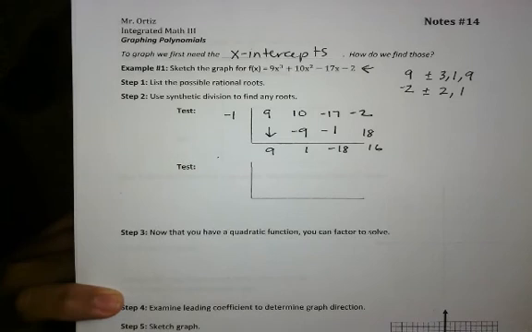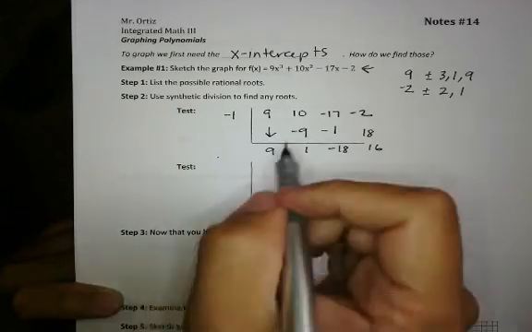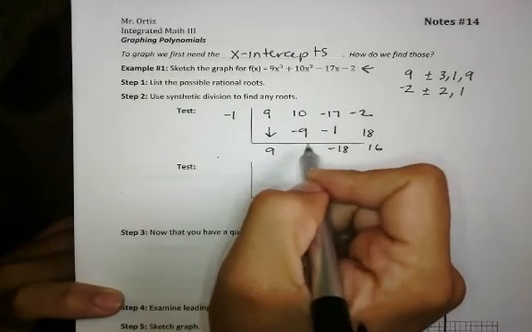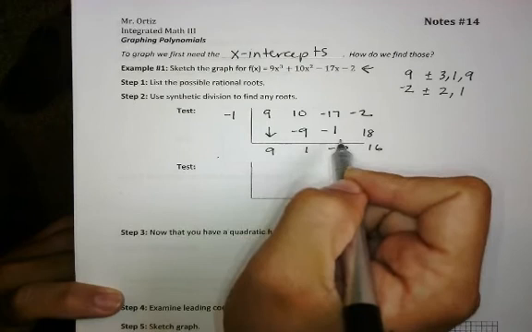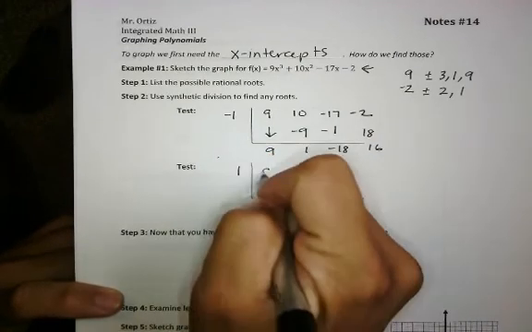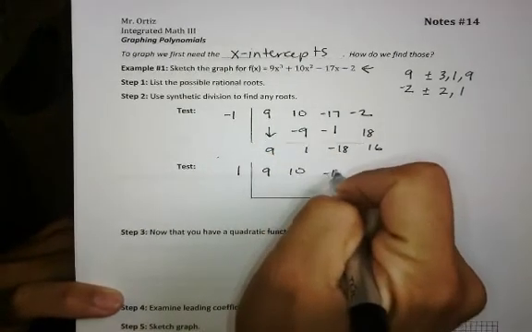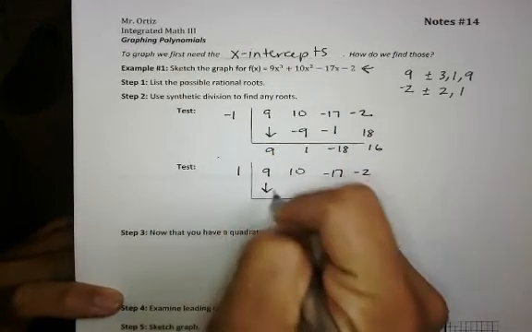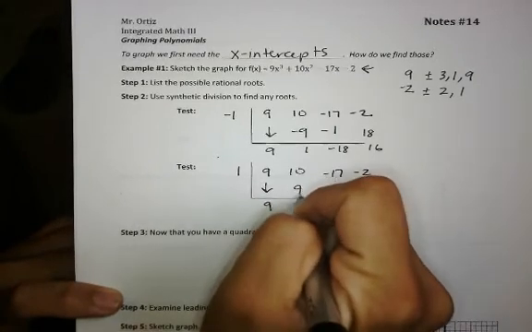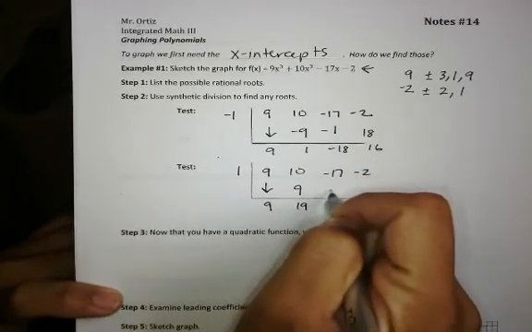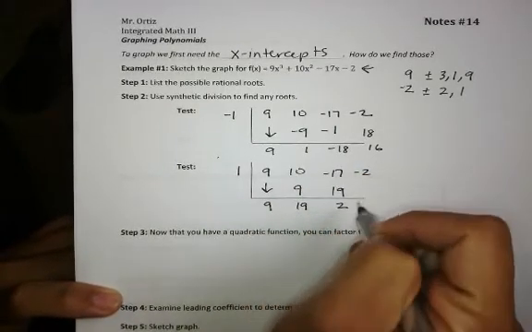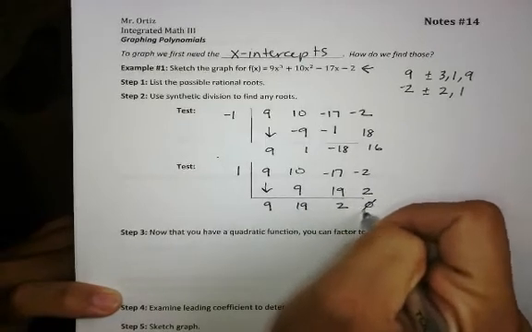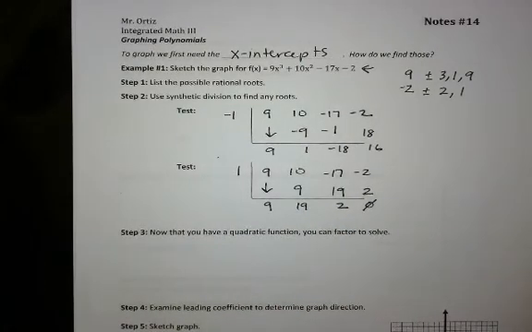Okay, so we drop down 9, -9, 1, -1. Is this going to work? No. So now let's see if +1 will work. So we'd still do the same thing. Bring that down.